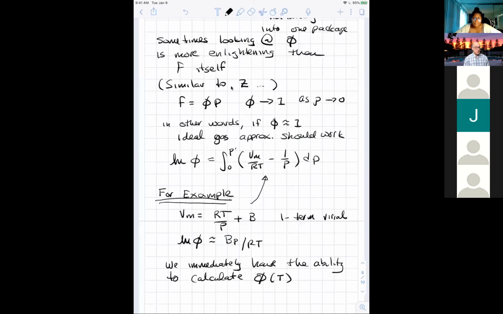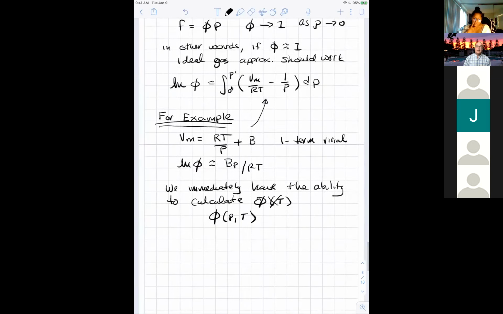It's BP over RT, and really, you have to be careful because B is a function of temperature, right? But anyway, you can see that maybe we can calculate this fugacity coefficient.